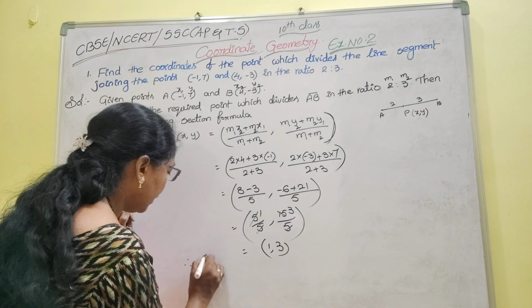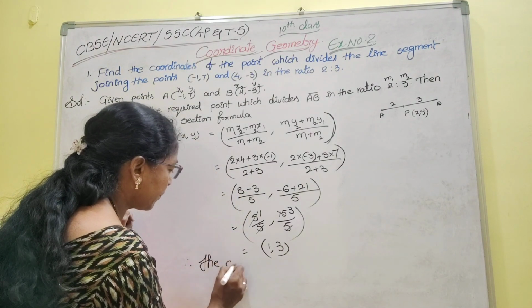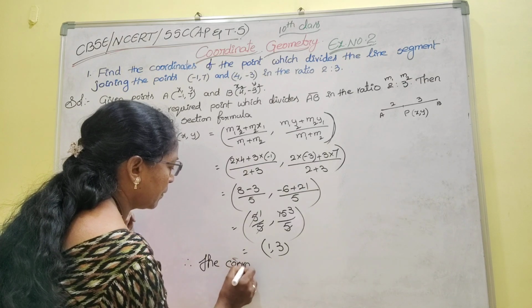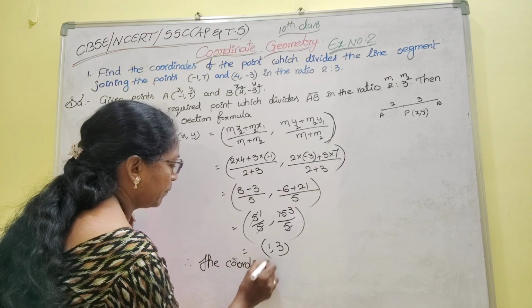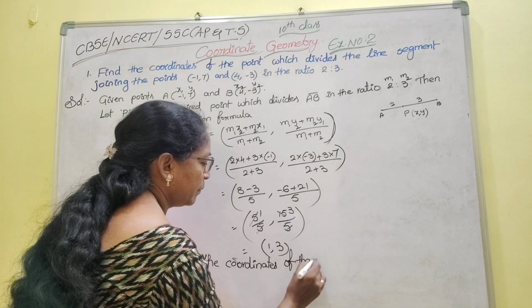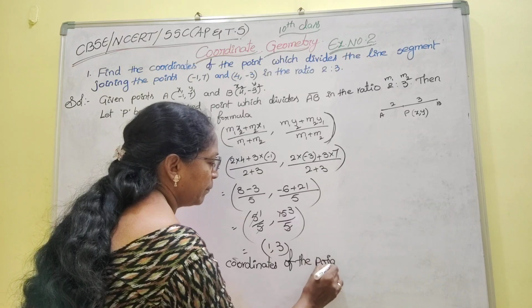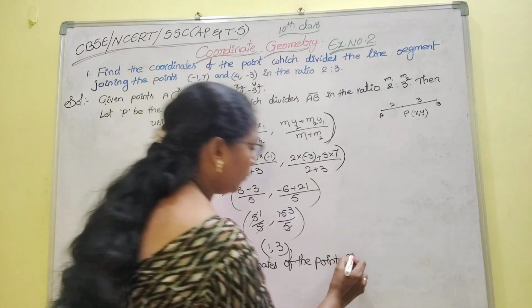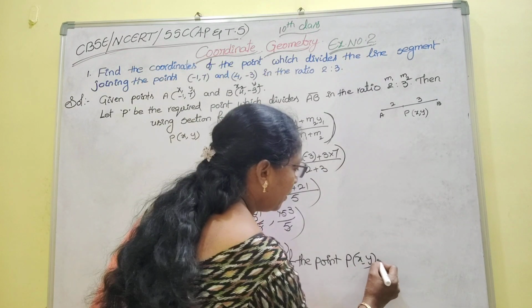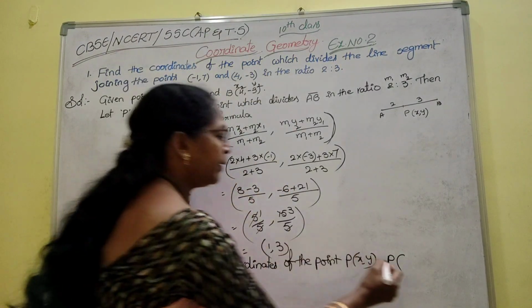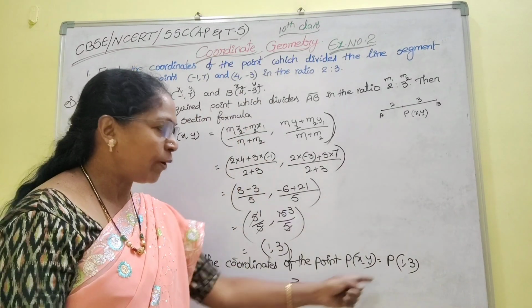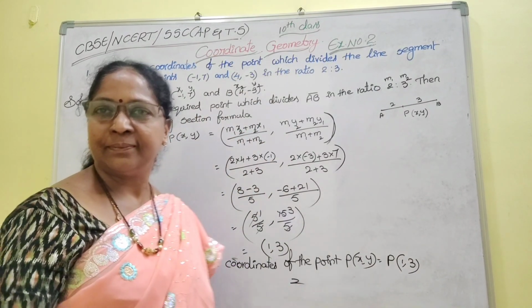Therefore, the coordinates of the point are equal to the coordinates we assumed: P(x, y) equals P(1, 3). These are the required coordinates of the point P.